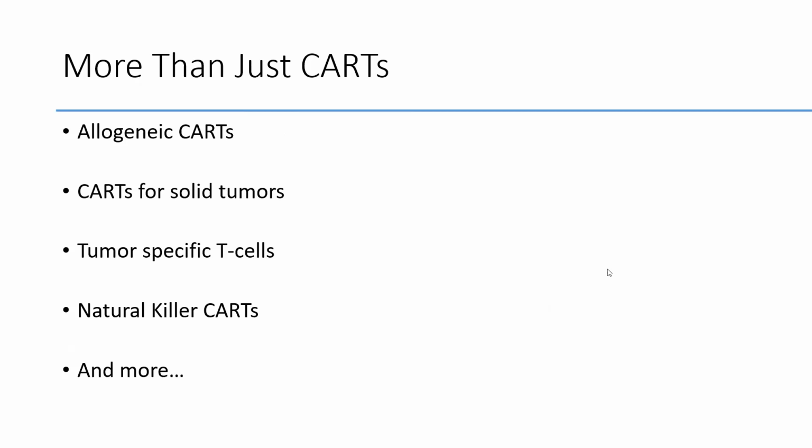There are even studies evaluating T cells that target multiple tumor-specific antigens, similar to the approach used to target viral infections. There are also studies to generate chimeric receptors in other cells, such as natural killer cells.